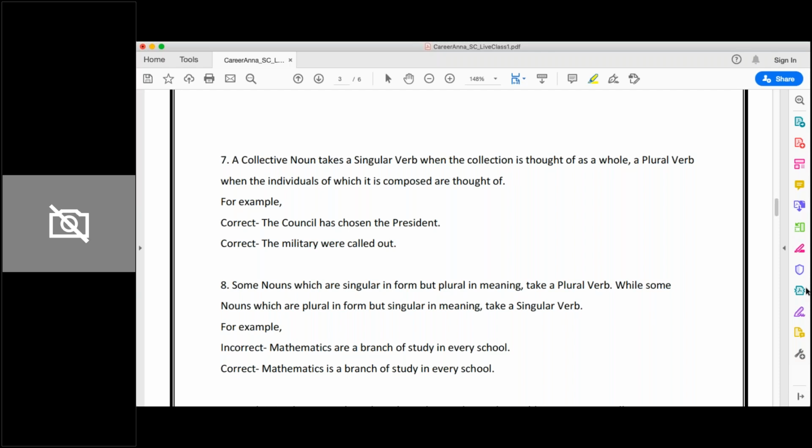And I'll break sentence correction sessions into smaller sessions because they get very heavy. So someone asked for an example of military. One example could be: the military were not treating the civilians kindly.